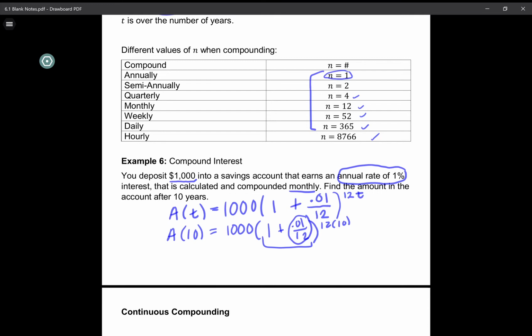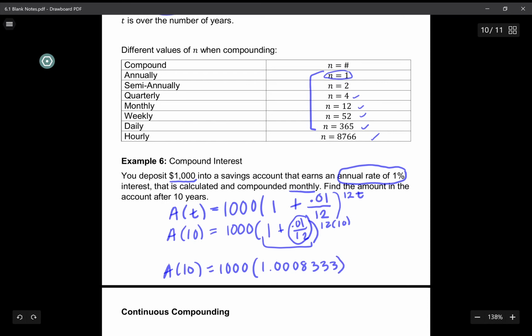Use your calculator rounding. We're going to add 1 to that. And then we're going to raise that. So right now I'm at A of 10 equals 1,000 times 1.0008, lots of threes, as many as you can keep in your calculator, to the, and now I'm going to raise this. We need to do this multiplication in the exponent. 12 times 10 is 120.